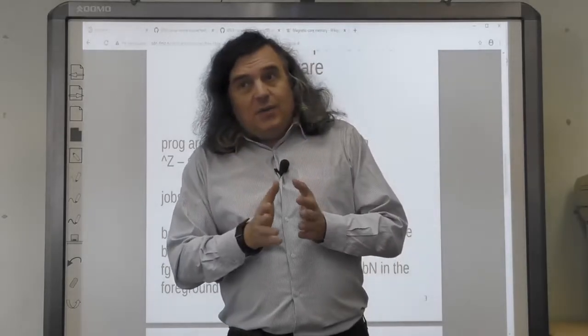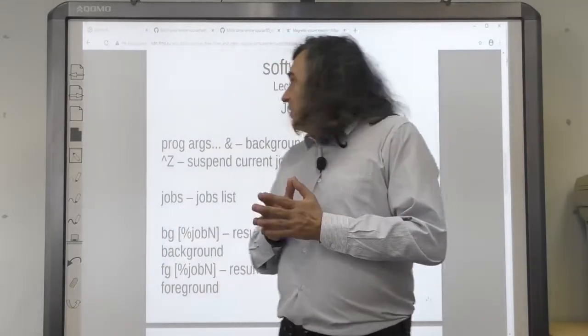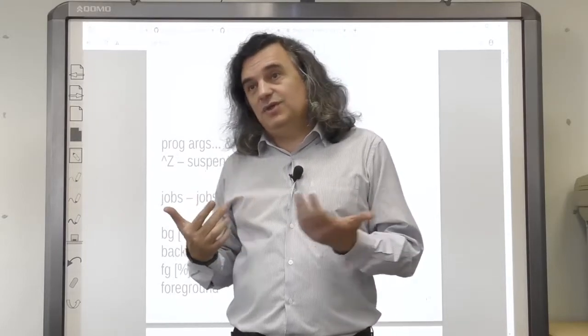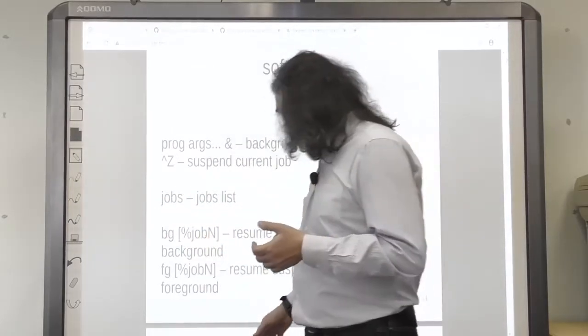At the shell level, we can use the jobs mechanism. The easiest way to start a new background job is to use the ampersand symbol.